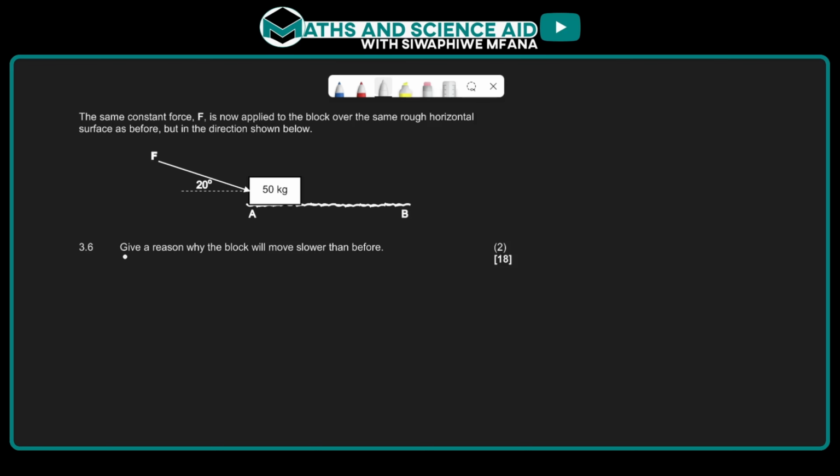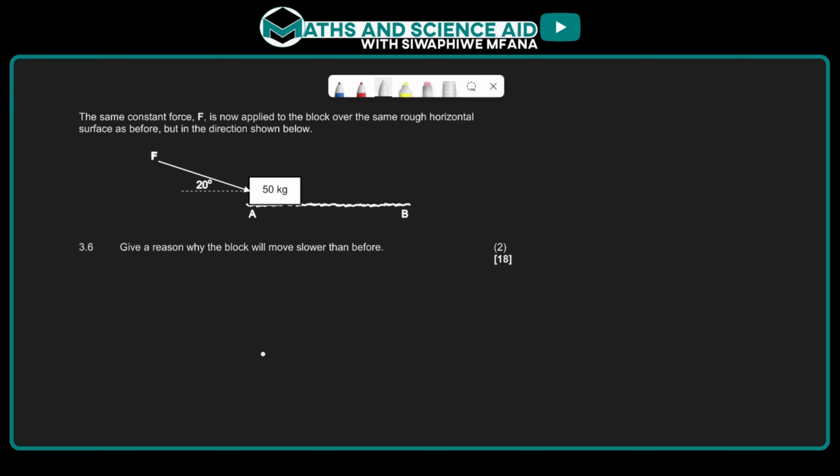And now the question here is, give a reason why the block will move slower than before. And to understand why it is the case, we need to draw a free body diagram of this scenario and also compare it to the free body diagram of the previous scenario.